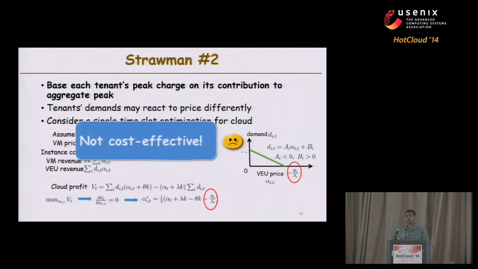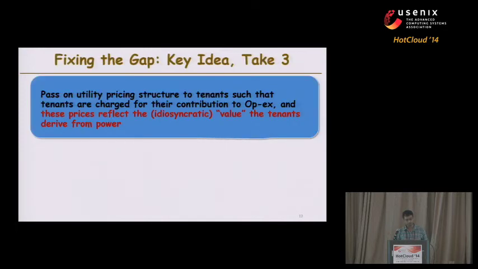Okay? So the problem is you could be operating in regimes where there is an unfairness problem, or you might be operating in a regime where you are not cost effective. Okay? So in addition to the previous features I identified, we would also want the prices that are passed on to the tenants to reflect the idiosyncratic value that the tenants derive from power.